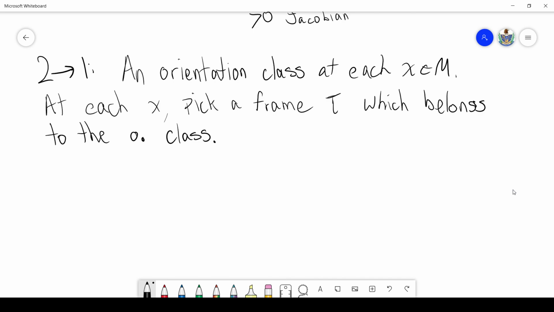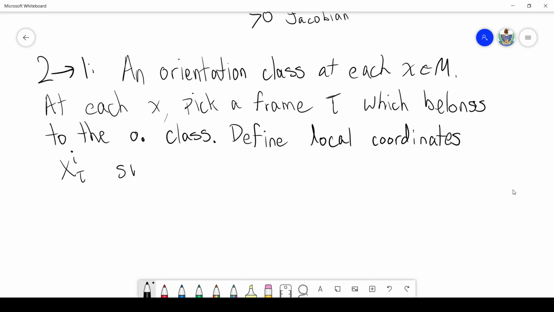And now what we're going to do is define local coordinates x sub tau, such that tau, this frame, is dx1 tau ... dxn tau.